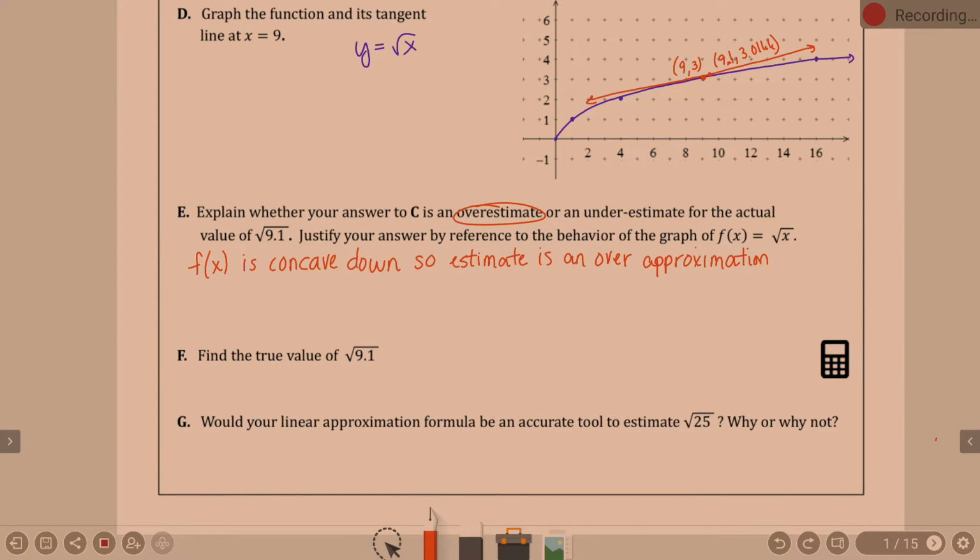Since the tangent line lies above the curve, or in other words, above the function.